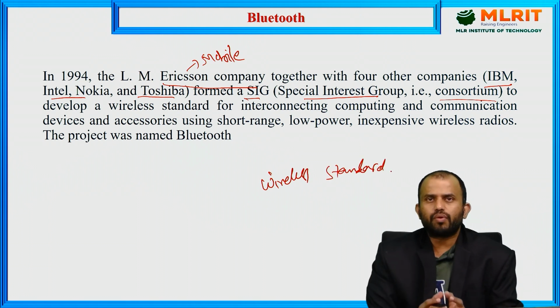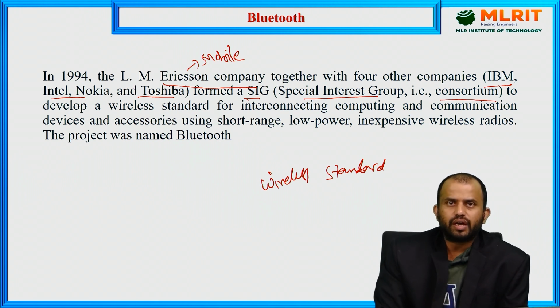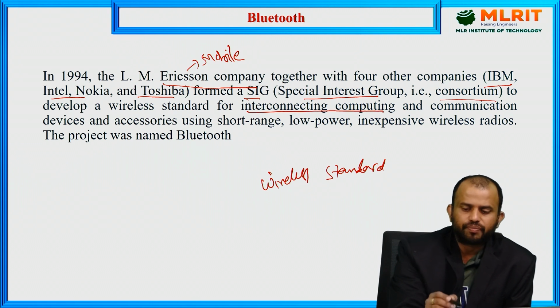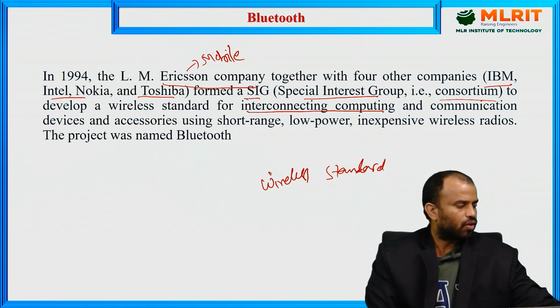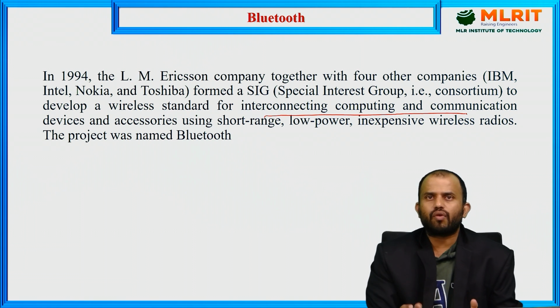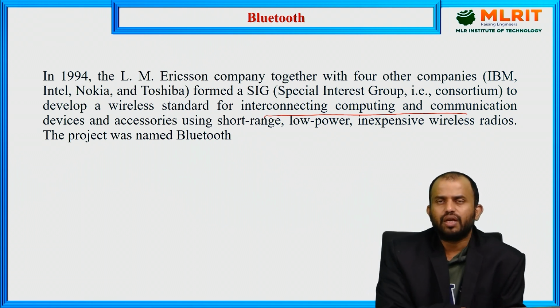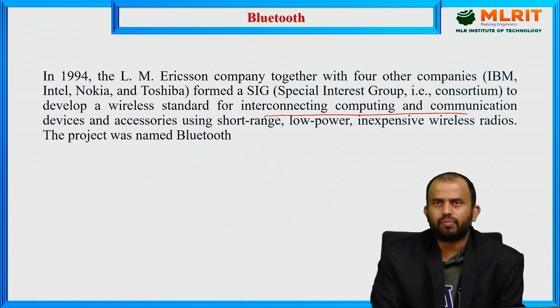Based upon this group, they developed one kind of architecture, a process we call intercomputing communication. Once we developed this, a small, limited group architecture, we called it the interconnecting computing and communication group.